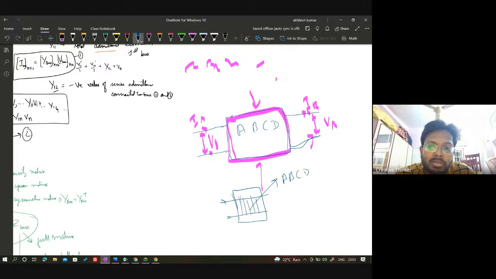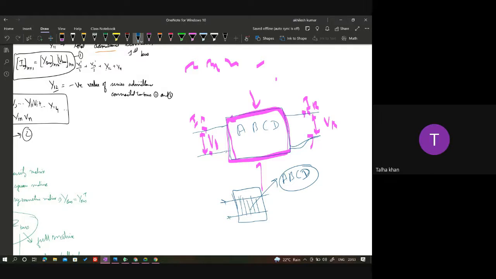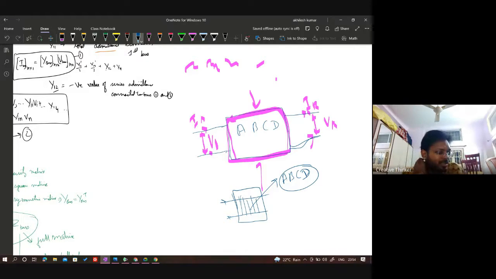This black box can be addressed as ABCD parameters. If I know the ABCD parameters, I can remove the transmission line and replace it with this mathematical equation.